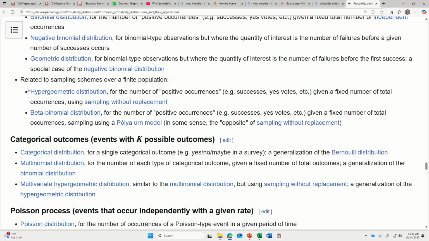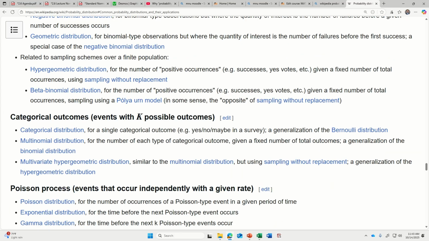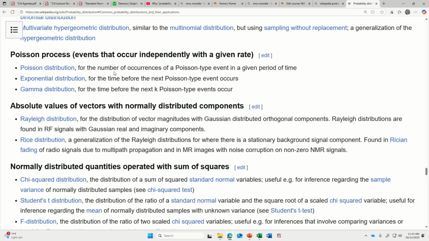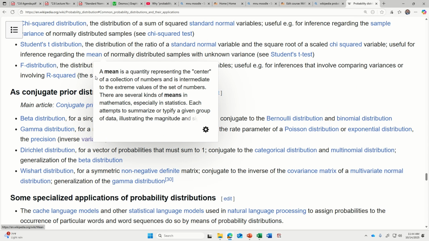In the realm of discrete distributions, there's a hypergeometric distribution, and there's also a continuous beta binomial distribution, and there's a lot of different probability distributions that people study in statistics.